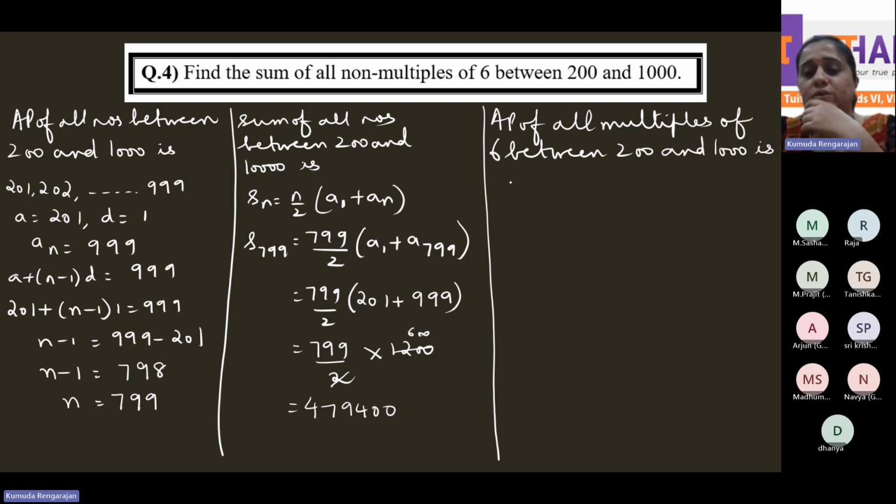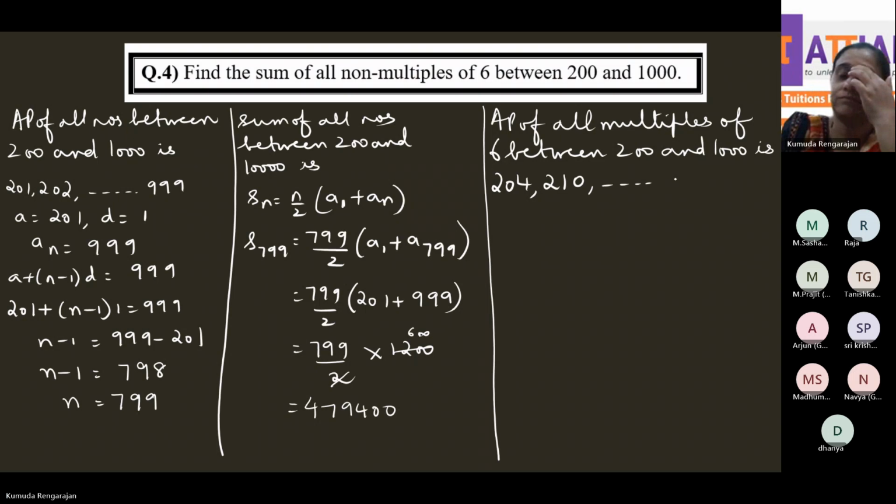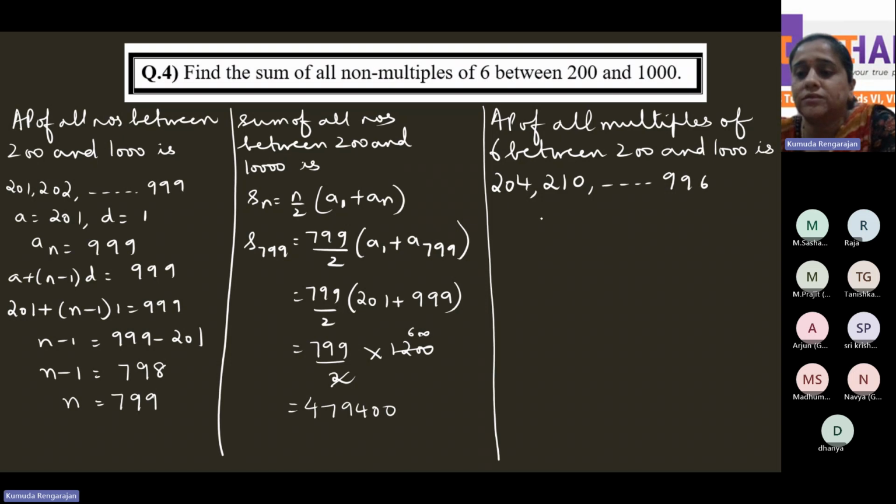So what's the first multiple of 6 in this range? 204, ma'am. And the last number? 996. Okay, thank you.